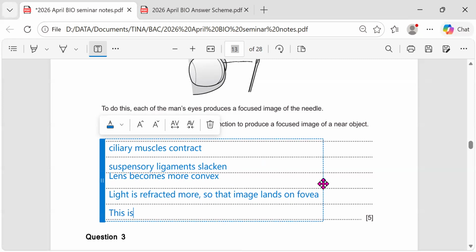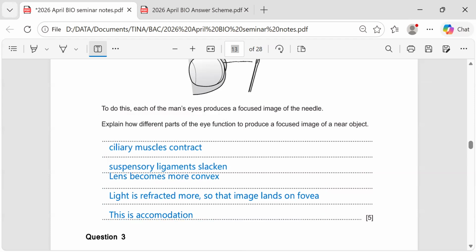This is accommodation. Because it's a 5-mark question, you must write something that is worth 5 marks.